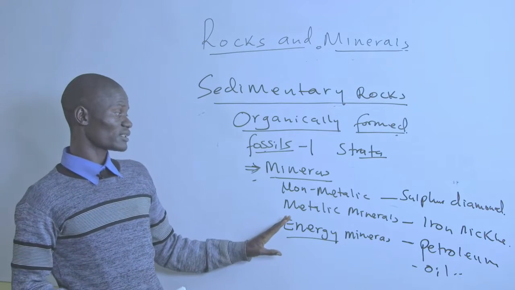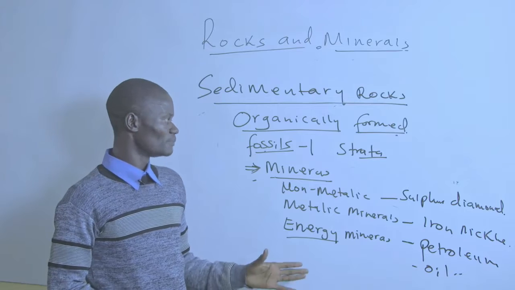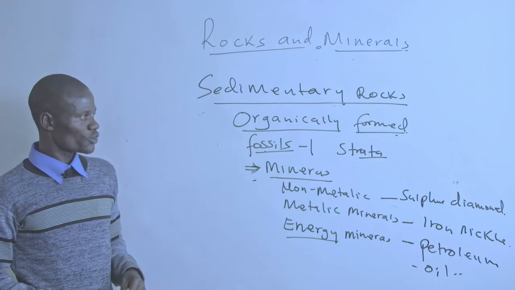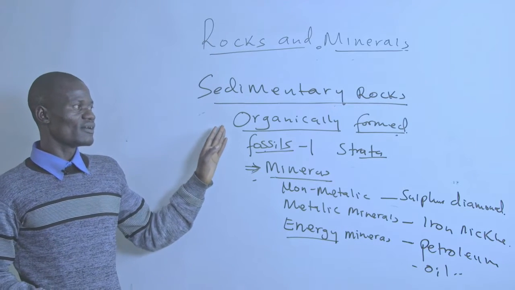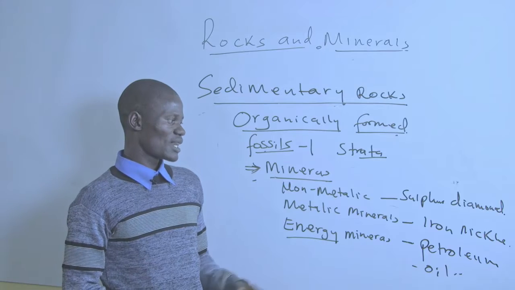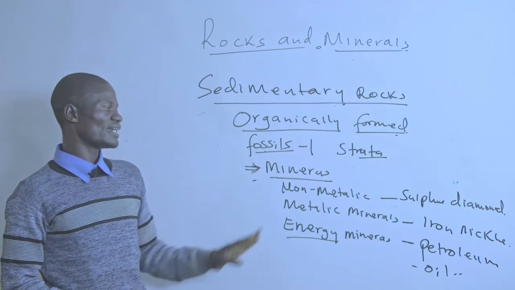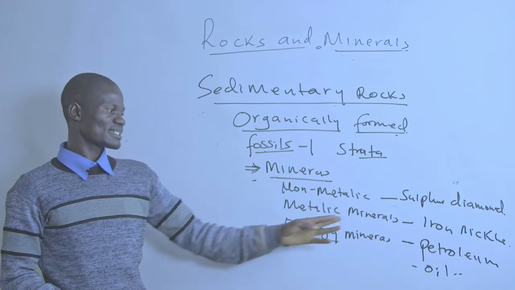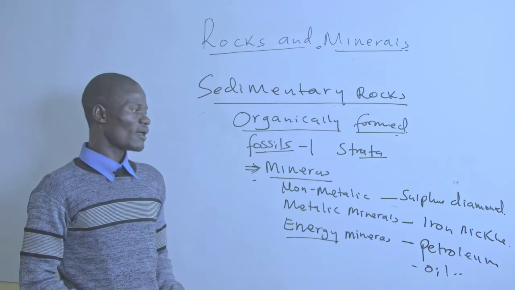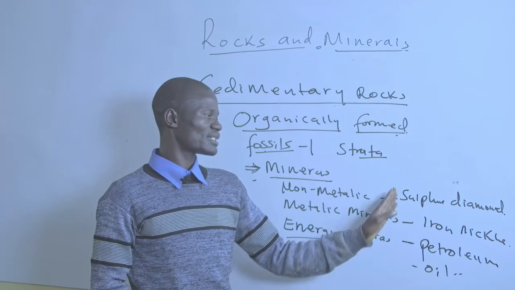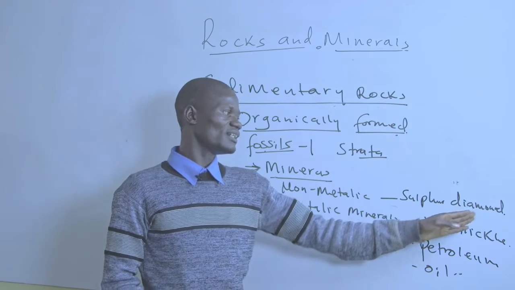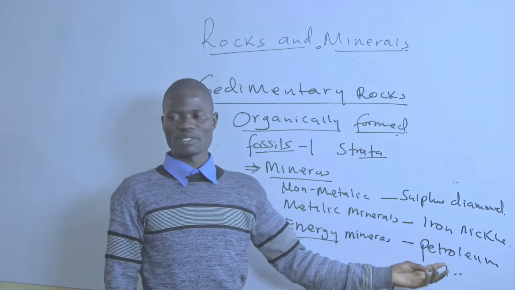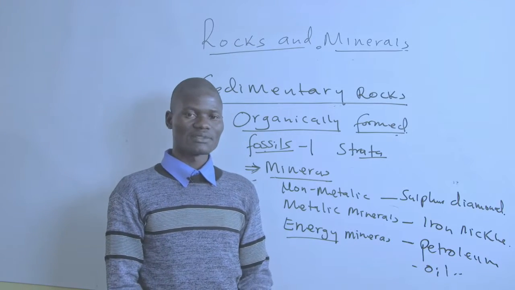Now, these minerals, as we look at them, are embedded in sedimentary rocks, which are under the class of organically formed sedimentary rocks. This is where we find three types of minerals, majorly non-metallic, metallic, and energy minerals. I've given examples such as sulfur and diamond, iron and nickel, and petroleum and oil.